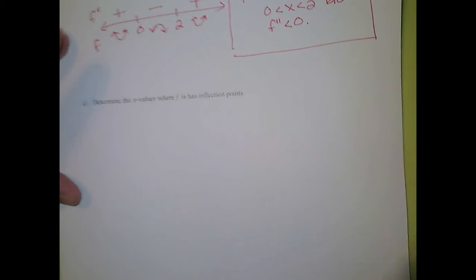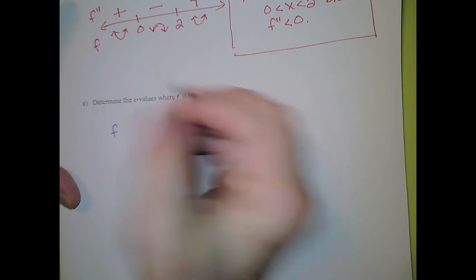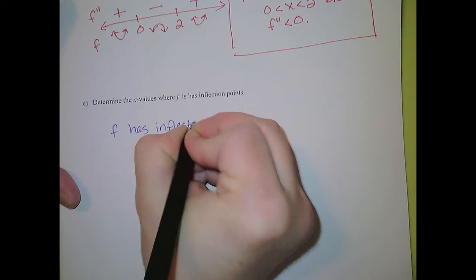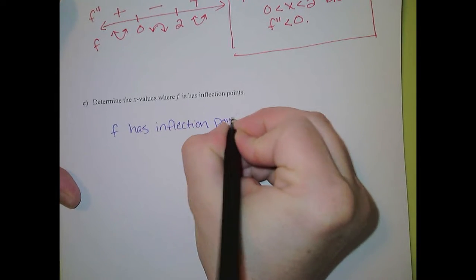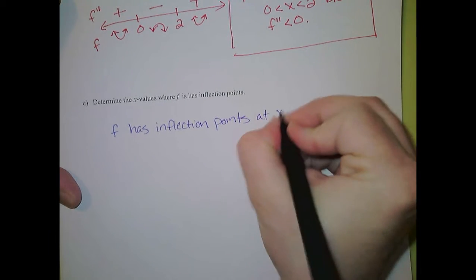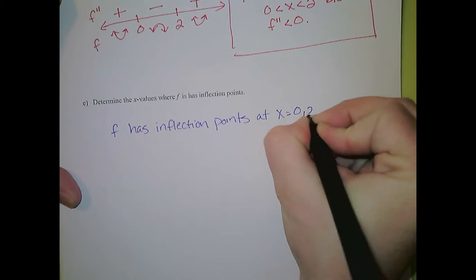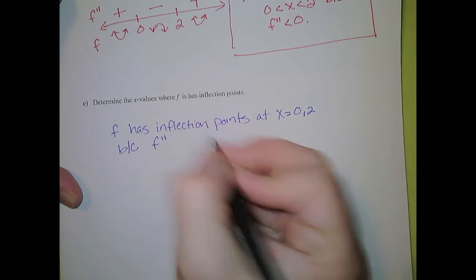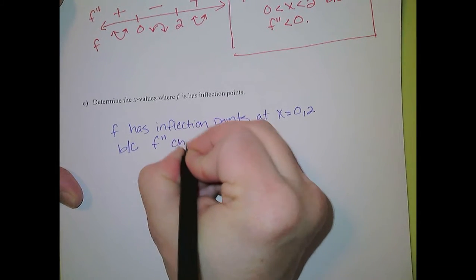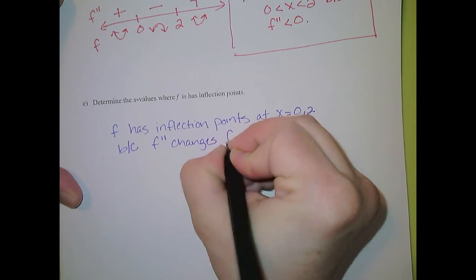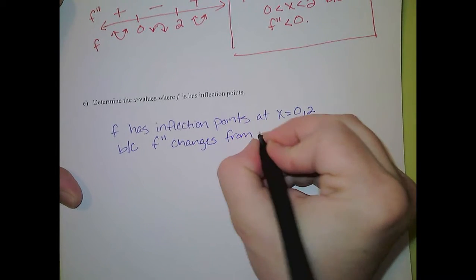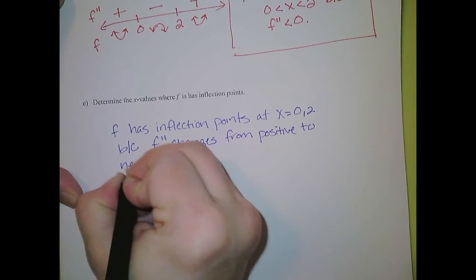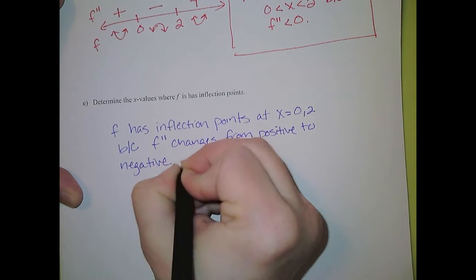So we could just simply say that f has inflection points at x equals 0 and 2, because the second derivative changes from positive to negative, or vice versa.